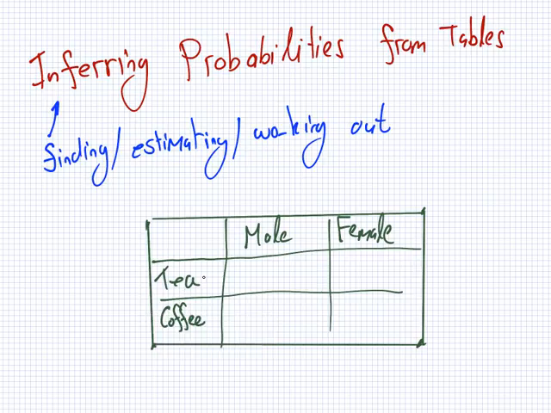So let's say for this particular group, Group X, we'll call them, 20 men drink tea and 30 women drink tea, and 40 men drink coffee and 10 women drink coffee.